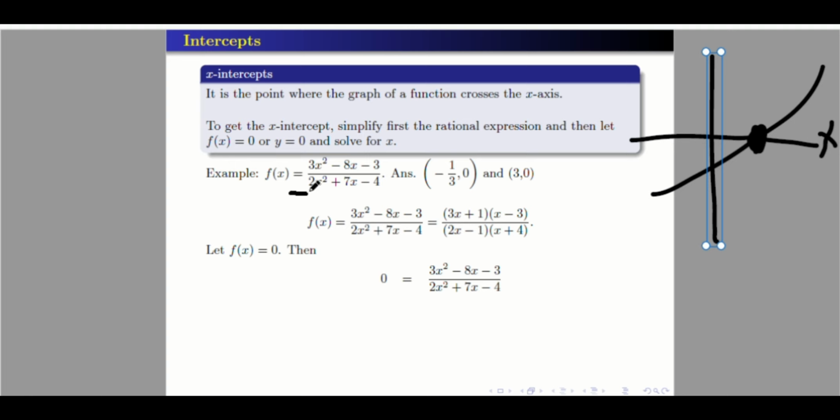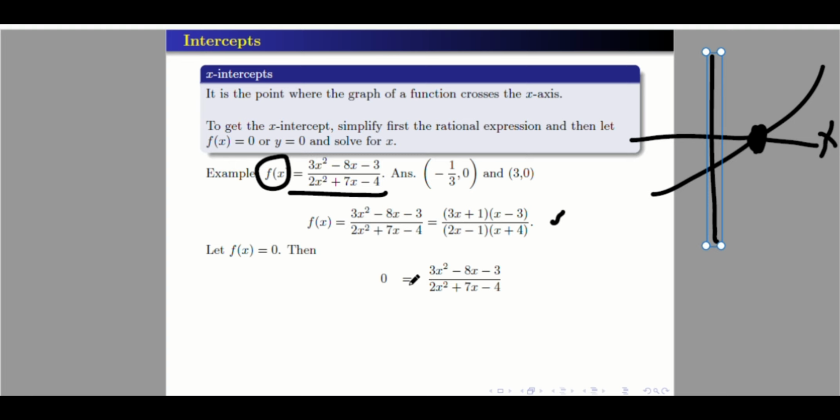So let's go to our previous examples. According to this, our answers are (-1/3, 0) and (3, 0). How did we get this? We have this simplification, and we cannot cancel anything. So let f of x be equal to 0, meaning this side must be 0.